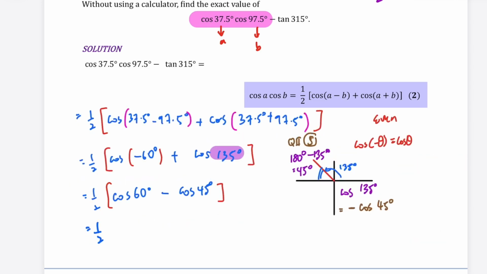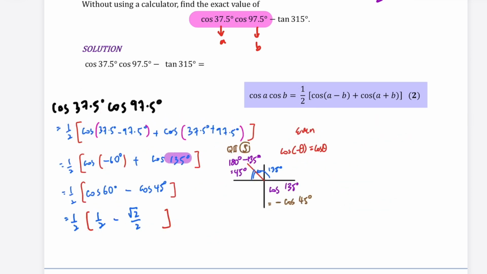Now for our next task, let us substitute the exact values. Cos 60 degree will be half, minus cos 45 degree will be root 2 over 2. So we have solved the first part, which is the part of cos 37.5 degree, cos 97.5 degree.